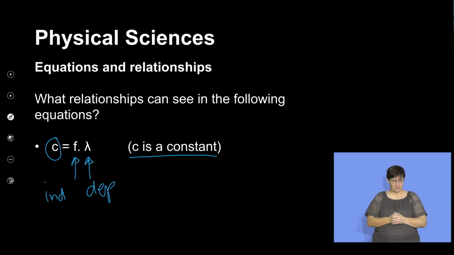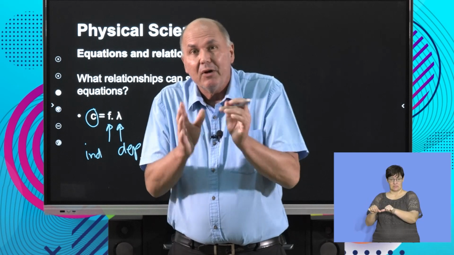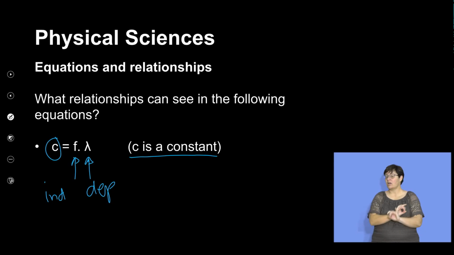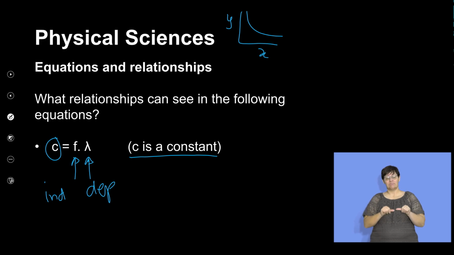And what do we know about them? We've got two variables multiplied together to give you a constant. Well, if you remember clearly when we spoke about graphs earlier, we said if we had y and x, and we multiply them together to give us a constant, we get a hyperbola, a curve that we can't do much about.